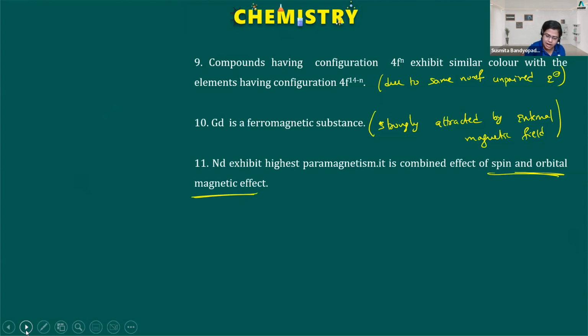Now, students, if you have a 4f^n configuration, say 4f5, 14 minus 5, because when you place them, the number of unpaired electrons is 9. So 4f9 also has 5 unpaired electrons.